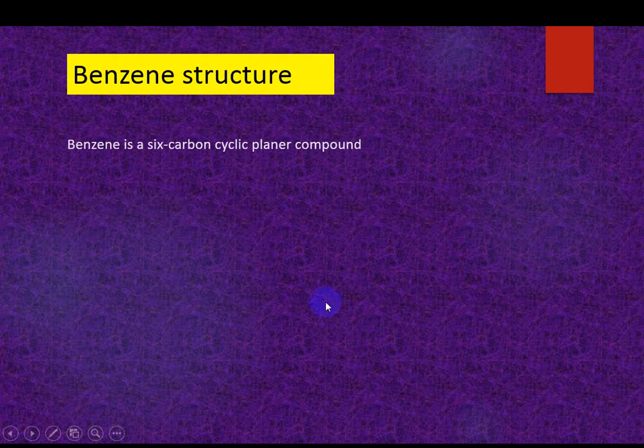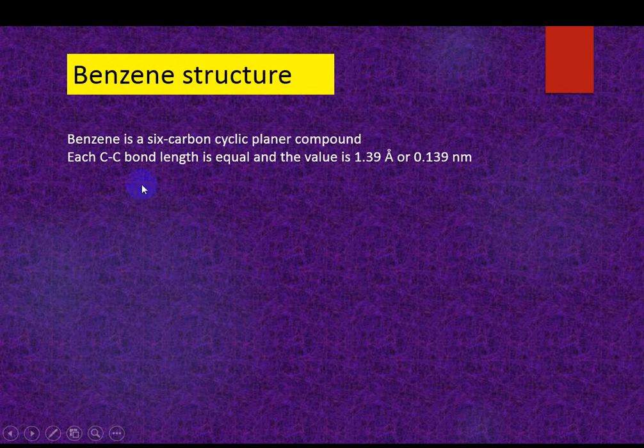Benzene structure. Benzene is a 6 carbon cyclic planar compound. Each carbon-carbon bond length is equal, and its value is 1.39 angstrom or 0.139 nanometer. We know 1 nanometer equals 1 times 10 to the power minus 9 meter.